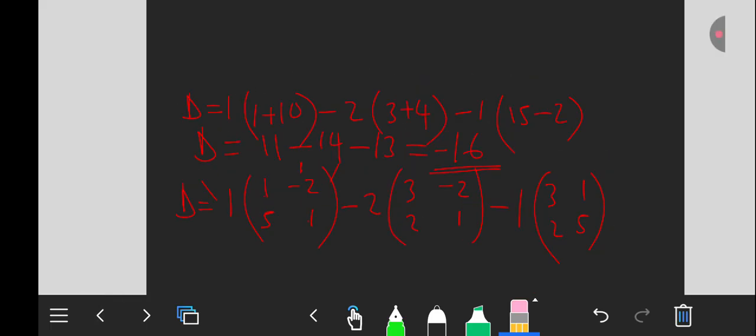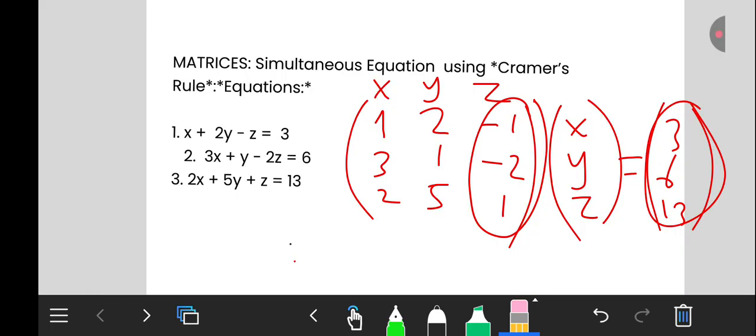So for Z, let's check for Z, we substitute that where there is Z. Then we form the matrices.